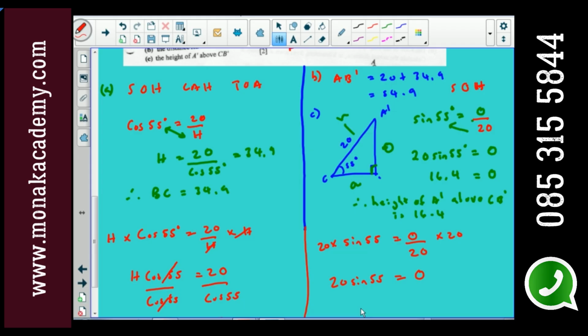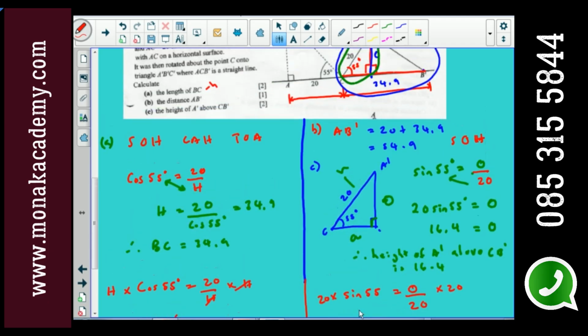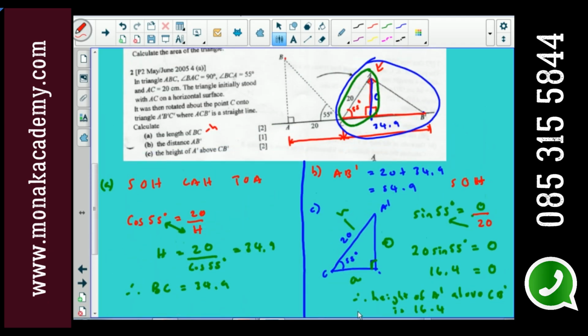So while 20 was the opposite in the previous triangle, in the new triangle, 20 is actually our hypotenuse. So you have to recognize that. If it's difficult to recognize while it's drawn in the original image, just remove it from the original image and work with it separately. Then it becomes much more straightforward and simpler.